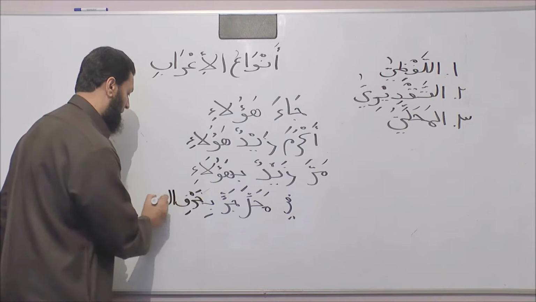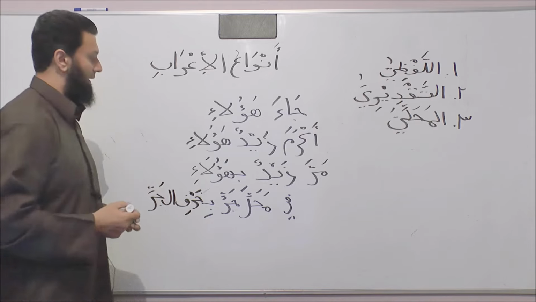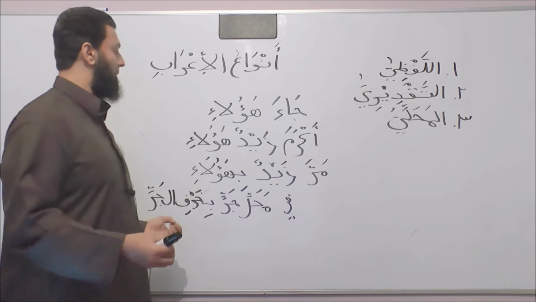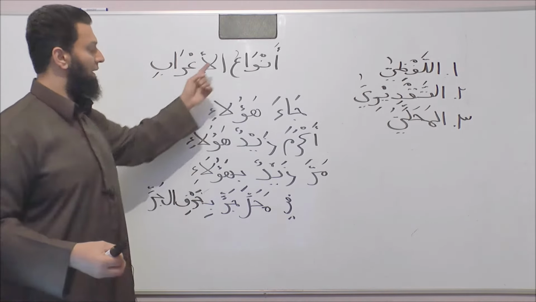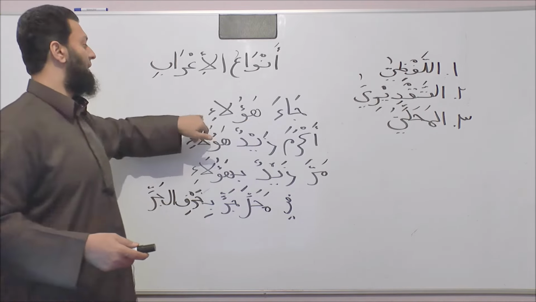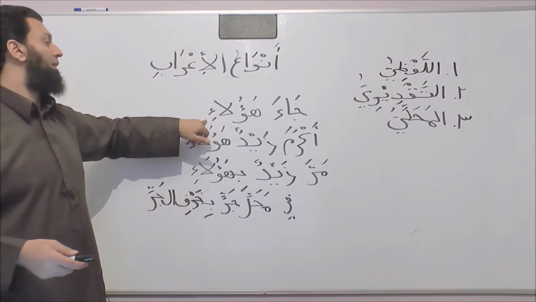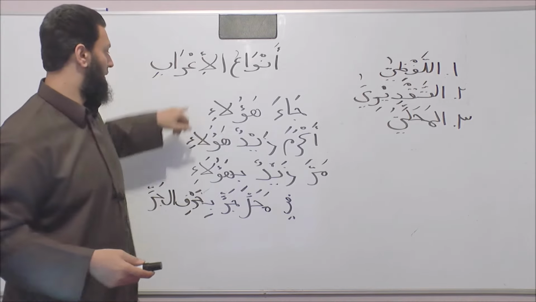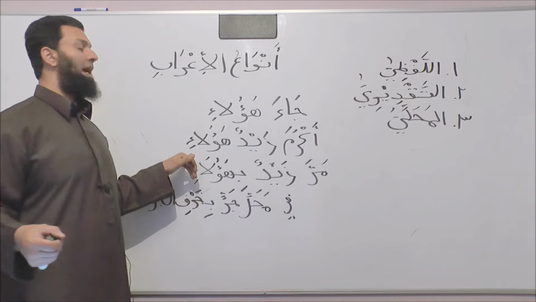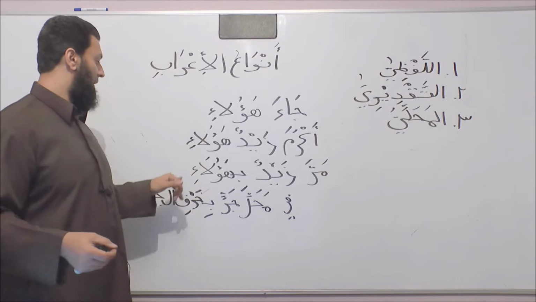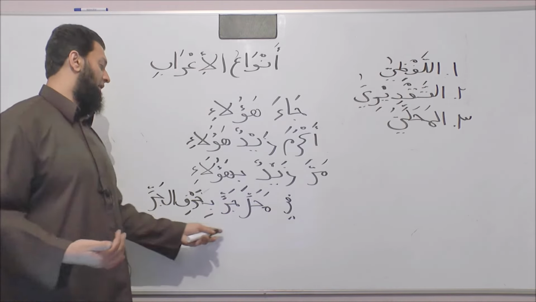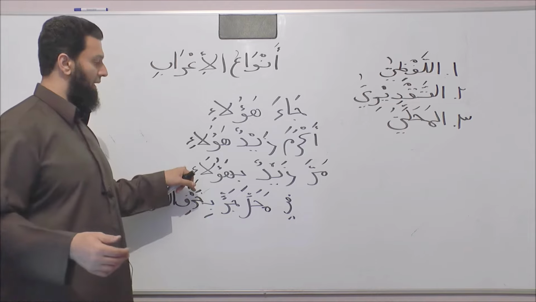And similarly for the others. So ha'ula'i in this instance, where it's the fa'ilun, we say ismun mabniyun ala al-kasri fi mahalli raf'in fa'ilun. In this instance it's ismun mabniyun ala al-kasri fi mahalli nasbin maf'ulun bihi, and in this instance it's an ismun mabniyun ala al-kasri fi mahalli jarrin bi harf al-jarri.